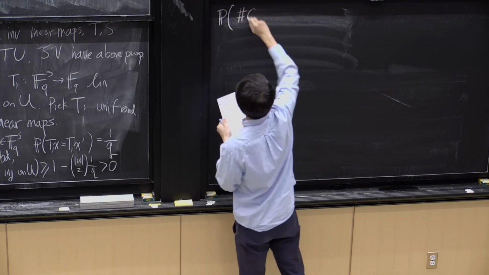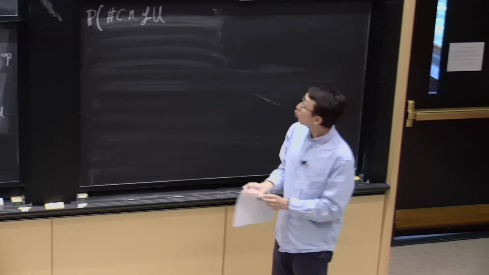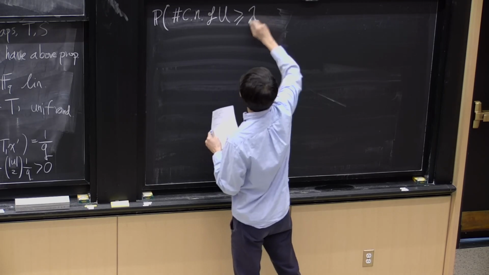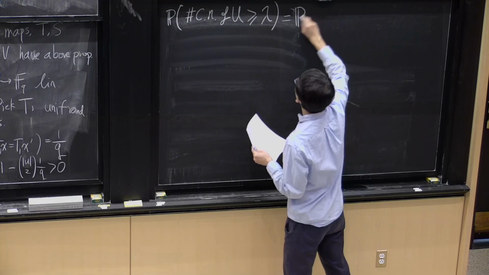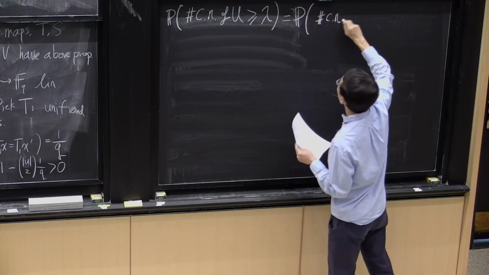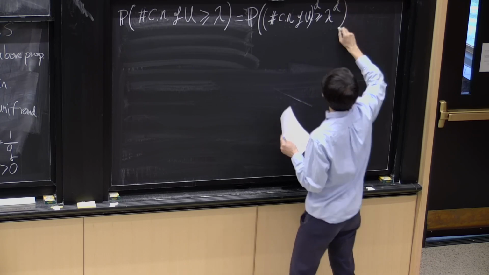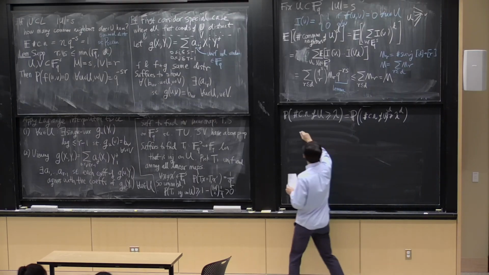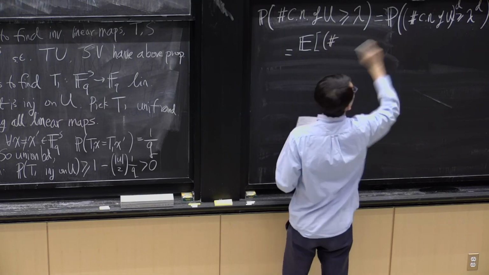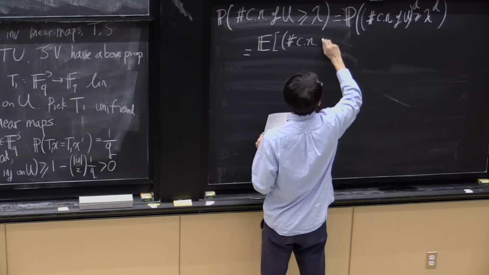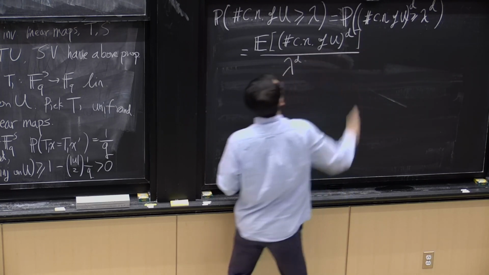The probability that U has too many common neighbors, more than lambda common neighbors, I can rewrite this inequality by raising both sides to the power d, and then using Markov's inequality, take expectation and divide like that.